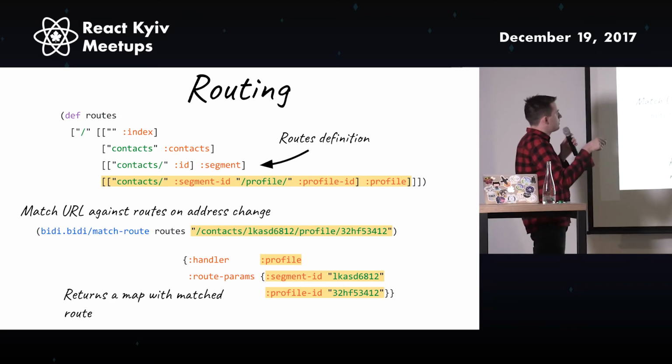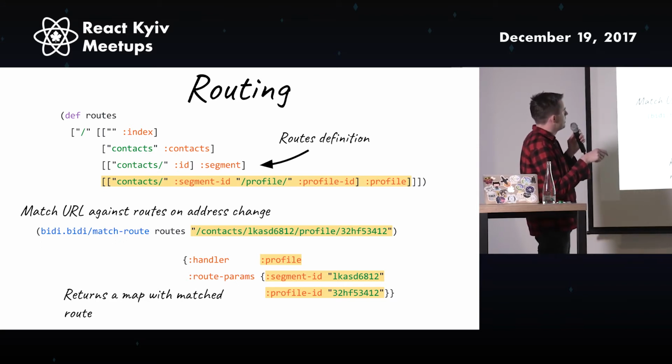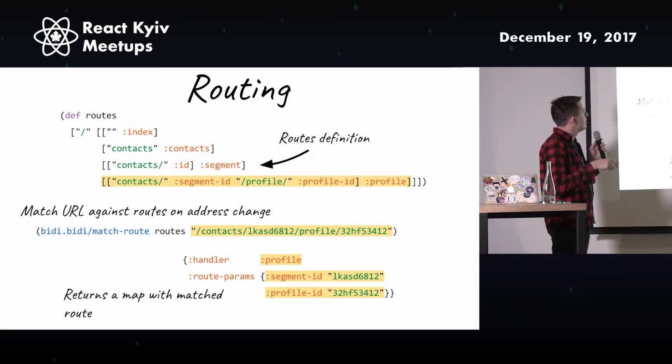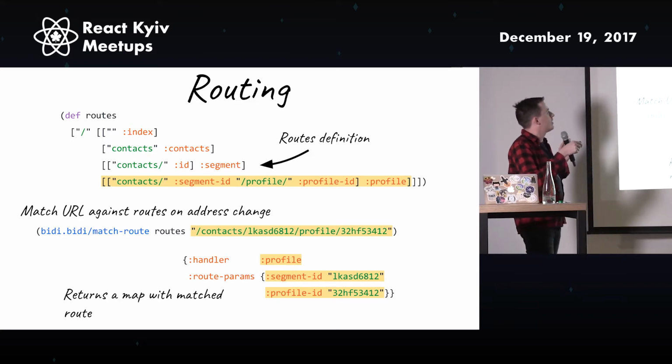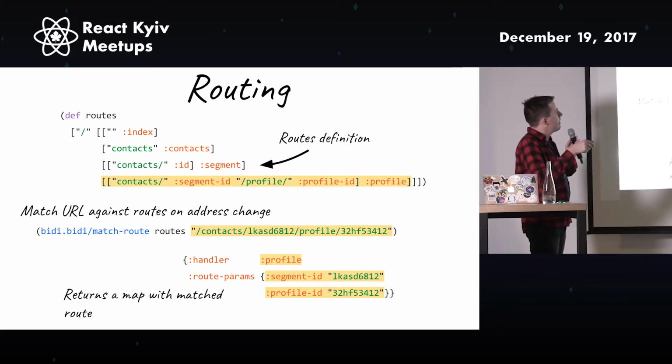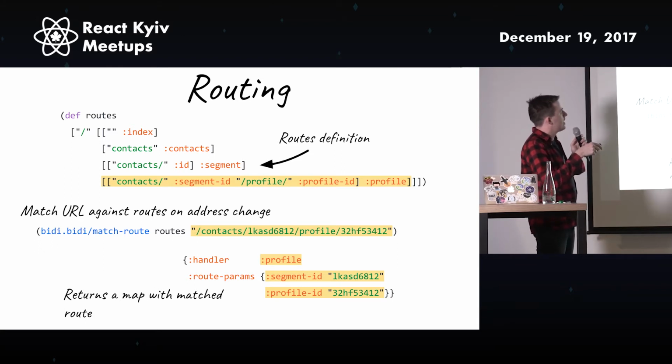So, for example, this route definition is done in Clojure vectors. You can see that here we have root, and the root path has an identifier index. For example, /contacts is contacts, /contacts then dynamic ID. It's going to be a segment, then something more complex.